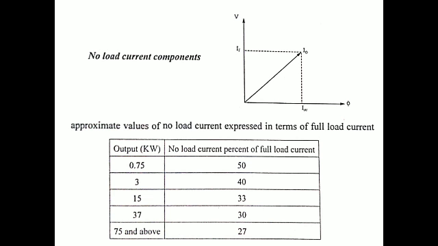The approximate value of the no load current is expressed in terms of the full load current. The output power is shown in the first column, and the second column is the no load current as a percentage of full load current, which falls in a range. For example, for the first data, 0.75 kilowatt, the no load current is 50 percent of the full load current. By this, we have to assume the no load current value.